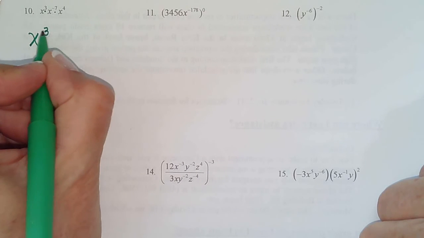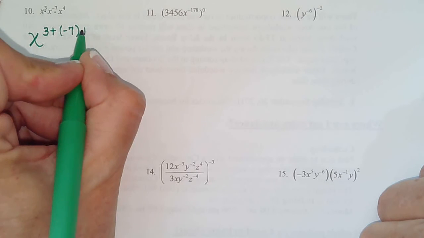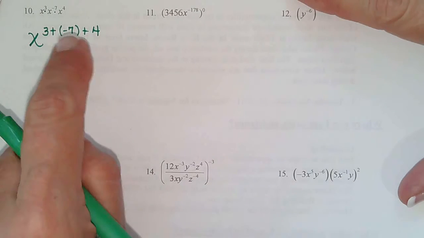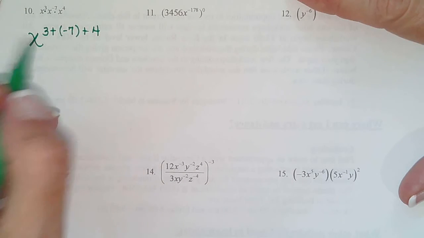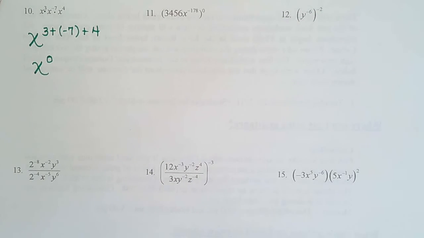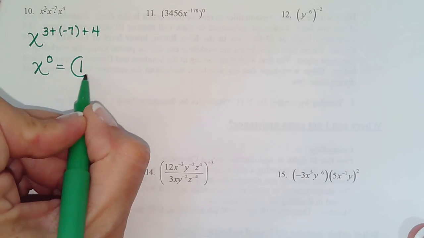So 3 plus -7 plus 4. So this is 7 minus 7, which would be x to the 0. But then another rule we learned on the last page is that anything to the 0th is 1.